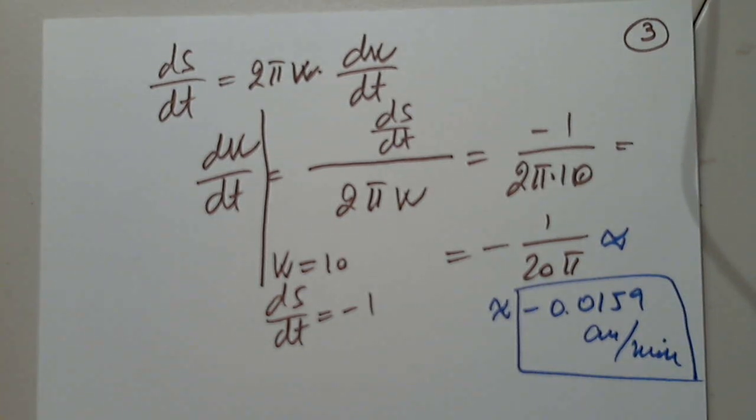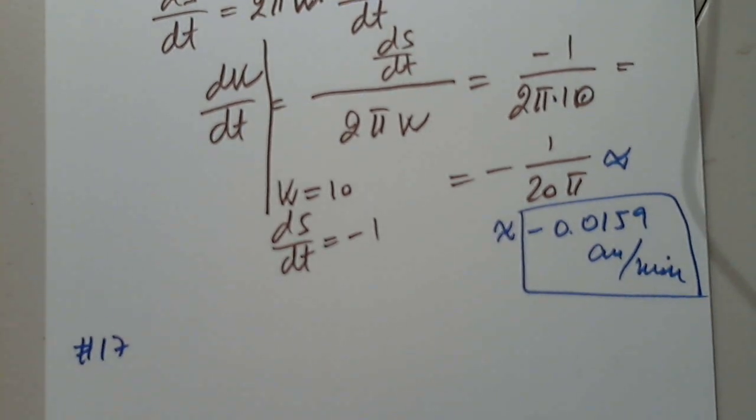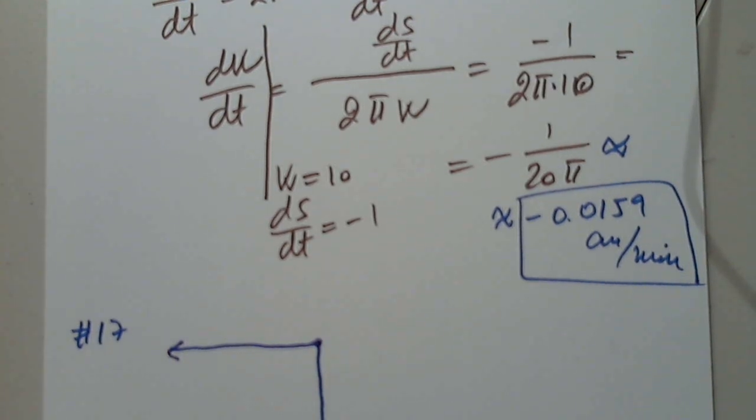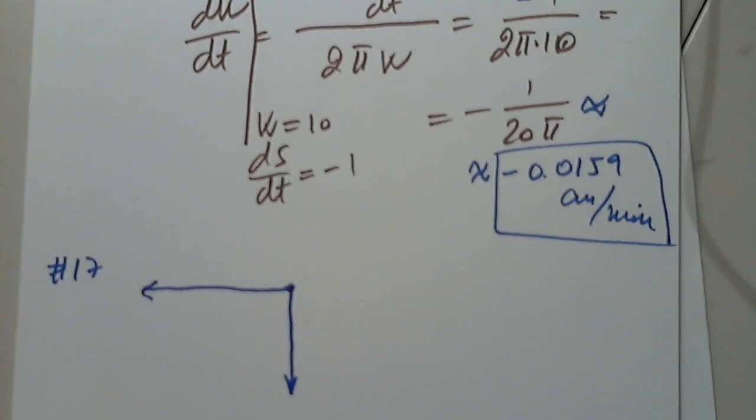Let's look at 17. Two cars start moving from the same point. One travels south, the other travels west. That's what I have so far.